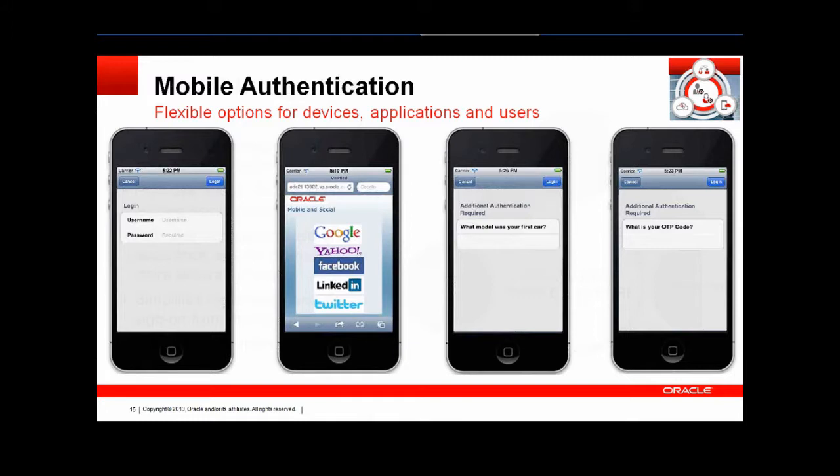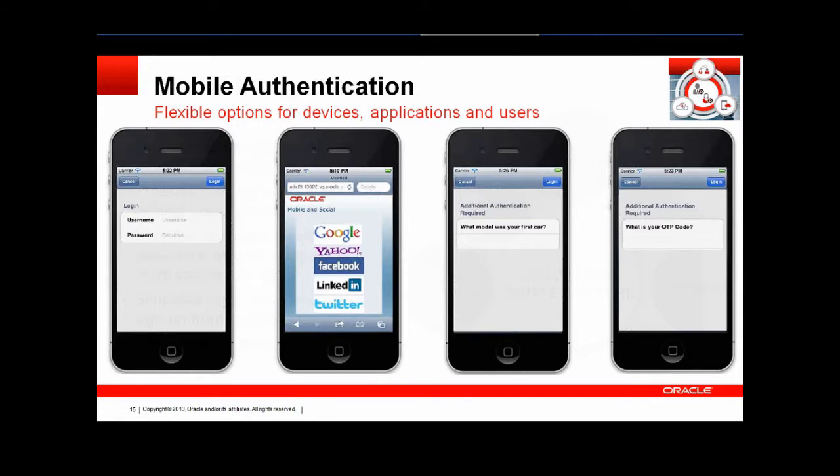So in terms of mobile authentication, as I mentioned, it is actually bridging your existing infrastructure. If you look at these pictures here, on the first, left-hand side, that's your traditional local authentication, right? So that means you might have an access manager, or you might be going directly into an LDAP using mobile and social. So you're doing that local authentication.